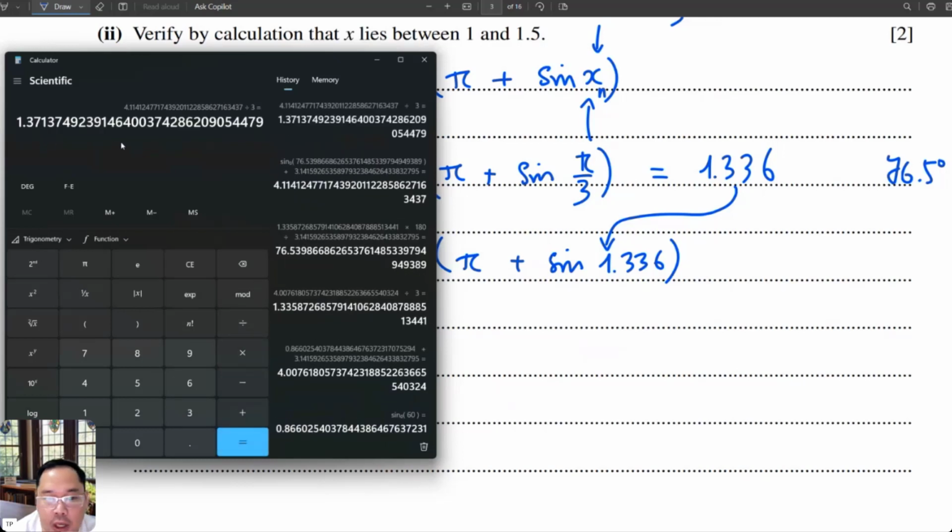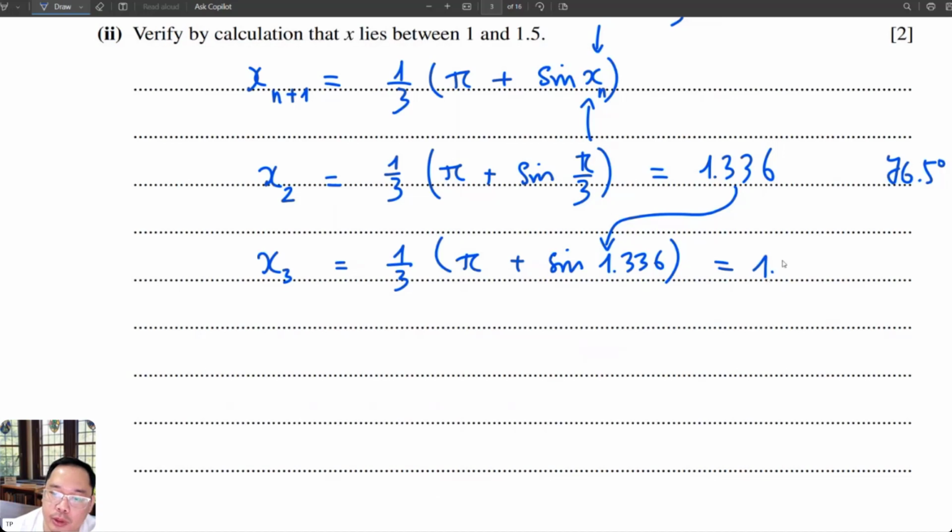The next value we have is 1.371, which is different from 1.336, right? So we need to continue doing the calculation.